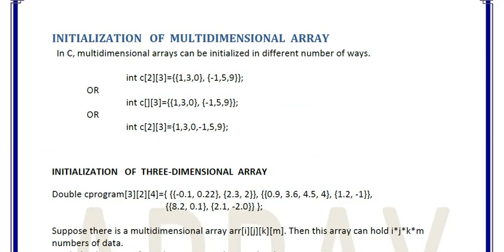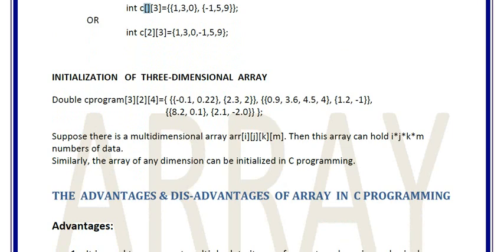Initialization of a multidimensional array will look like this one. We have already discussed those points. You can define the size or you can't. Initialization of a three-dimensional array: this one is a type, name, then the size of the array, and then the elements.